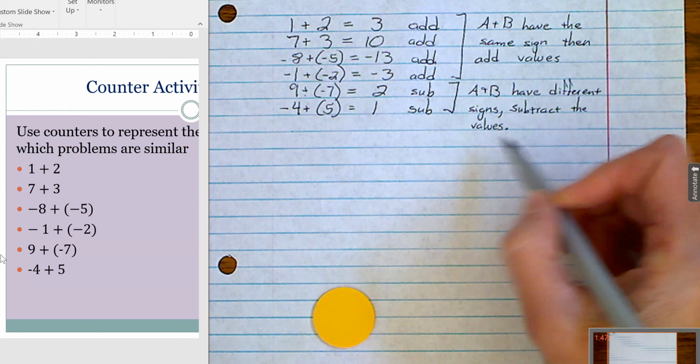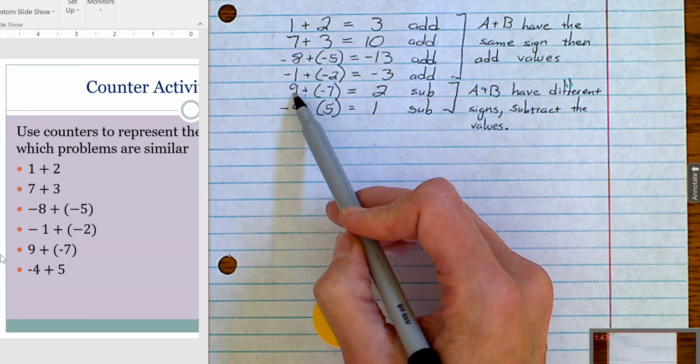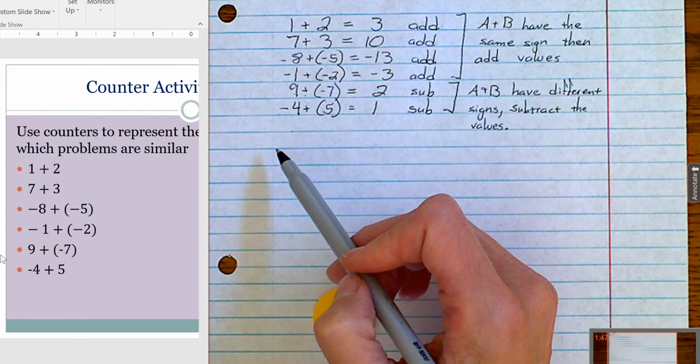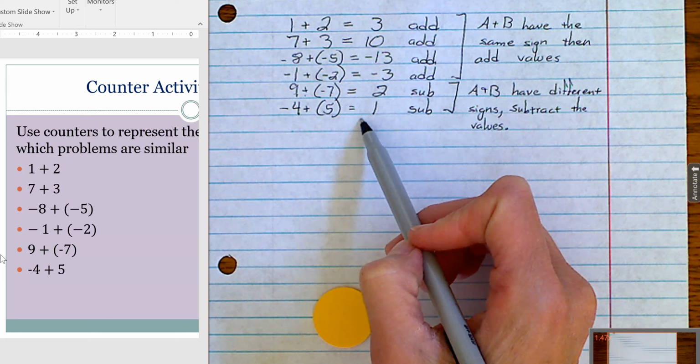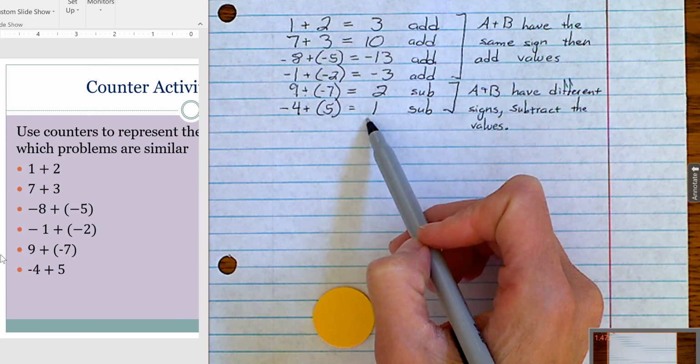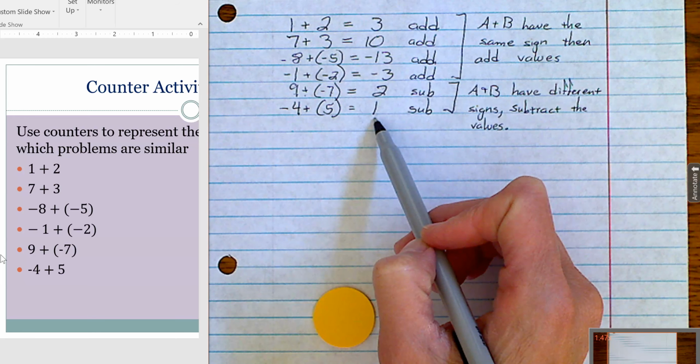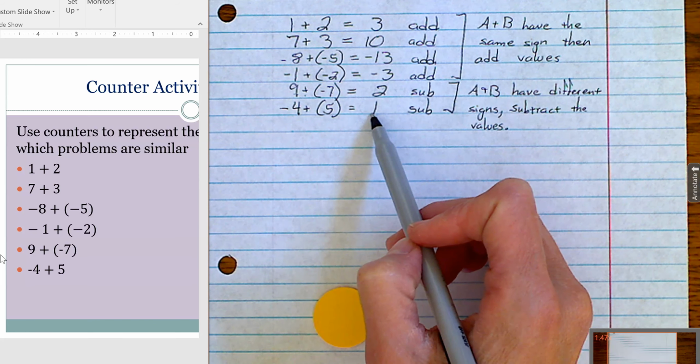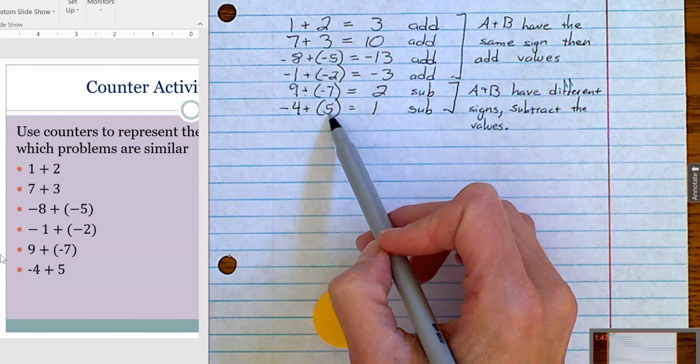Then we need to analyze which sign, whether a positive or a negative, ends up being our answer. From the 2 examples I have here, one would think that it always ends up being positive. But the reason that it ended up being positive is that there were more positives.